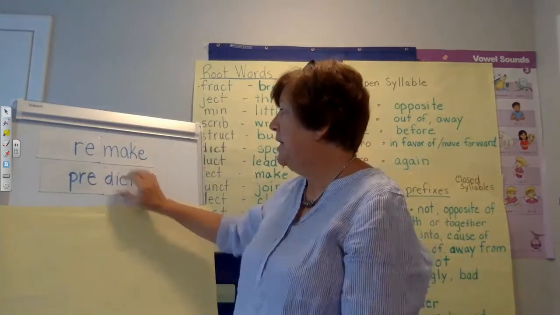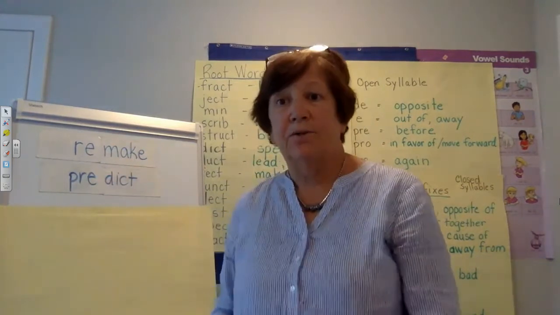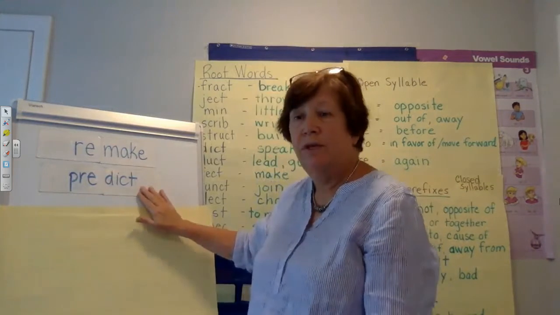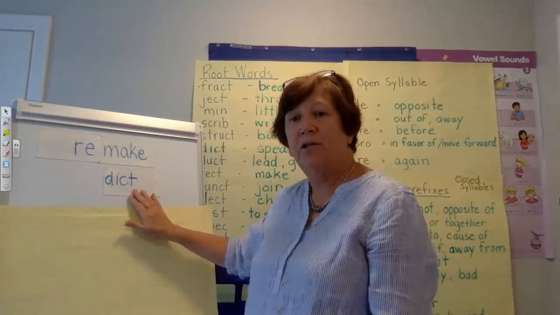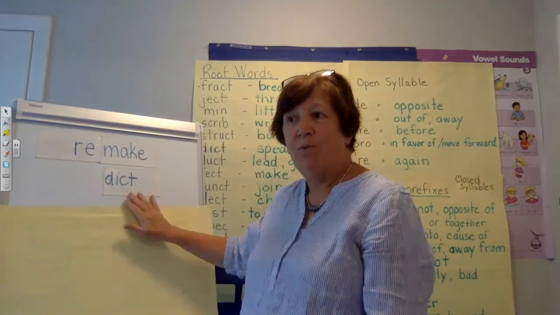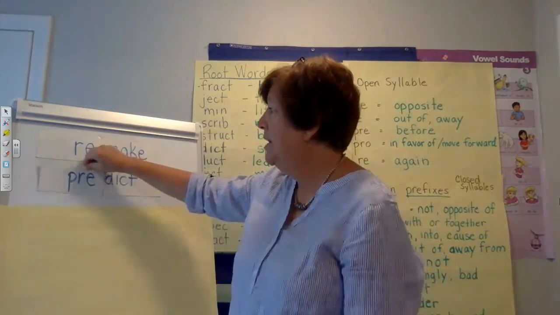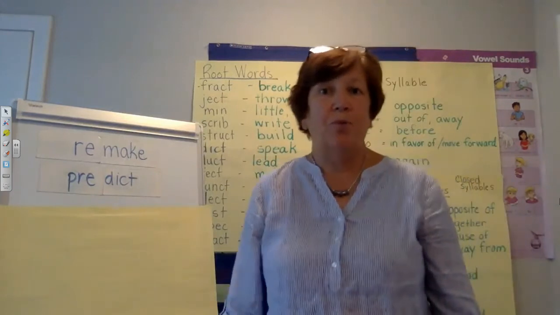So sometimes the prefix is added to a word that cannot stand alone, and these are called our Latin roots. They are part of the word. They can't stand alone, but they have meaning. So we call these our Latin roots, and we went over some of those with our cards. I also have them written up here with the meaning, and these are also in your student notebook.